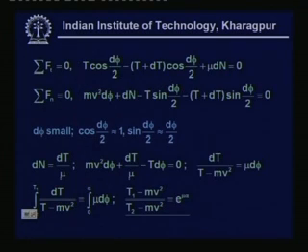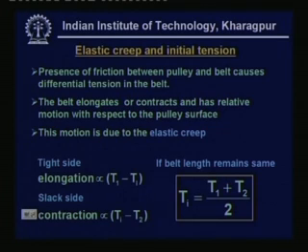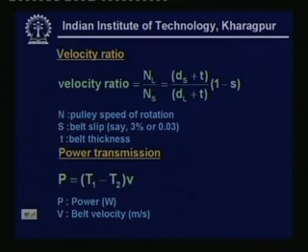Then we have derived the very important equation: T1 minus mv square by T2 minus mv square equals e to the power mu alpha, and the initial tension expression is T1 plus T2 by 2, the velocity ratio as shown over here, and the power transmission is also T1 minus T2 into V. Normally, these terms that have just been explained remain the same for the type of drives we will be considering, that is the flat belt drive or the V belt drive.